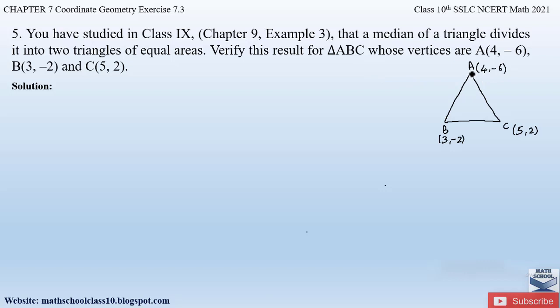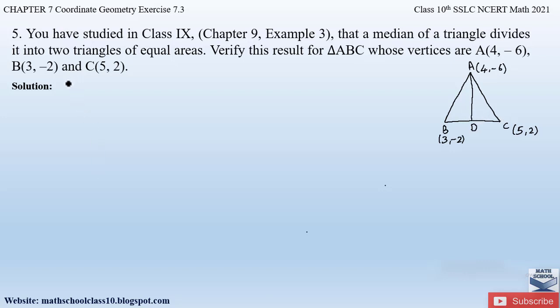So when we draw a median from any one vertex to the opposite side, here we can draw a median from the vertex A to the side BC. Let us name this median point D. This median AD divides the whole triangle into triangle ABD and triangle ADC, where the two triangles ABD and ADC are equal in areas. So we have to prove that.